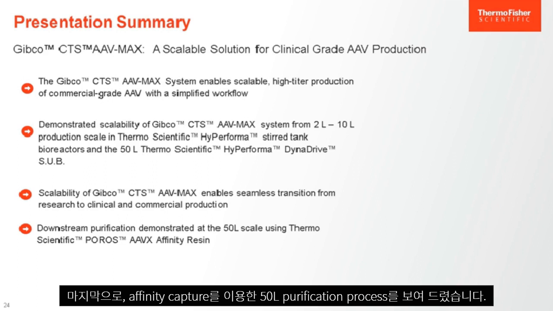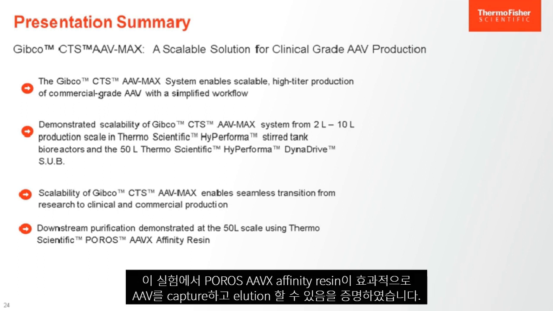And lastly, in this presentation, we've demonstrated the purification at the 50 liter scale, utilizing as an affinity capture step the POROS AAVX affinity resin to efficiently capture and elute off the AAV construct from these studies.